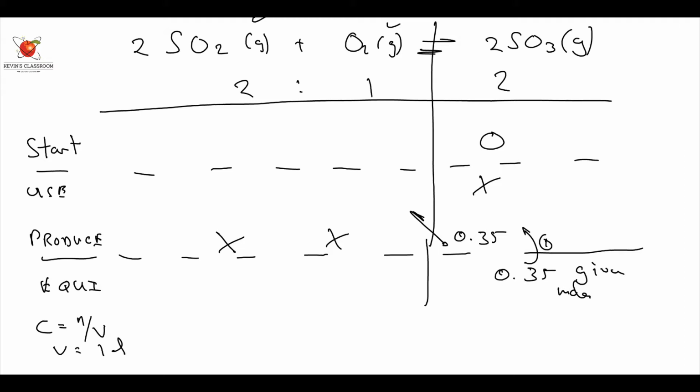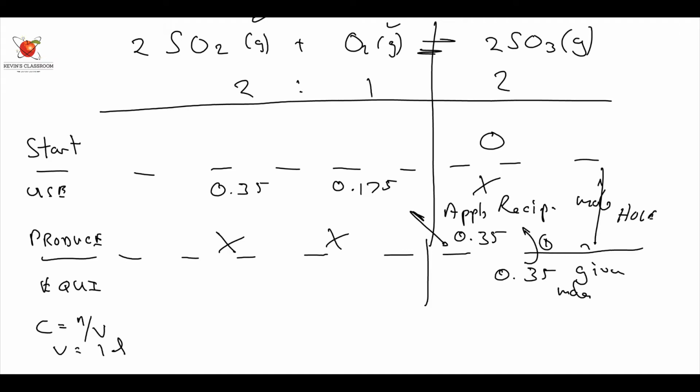So if I got the 0.35 there, I can now use the recipe saying, therefore, I must have used 0.35 over here. And I must have used on this side 0.175. So here I apply the recipe, because this is my mole hole, right?